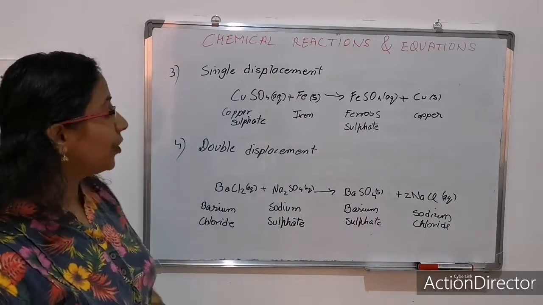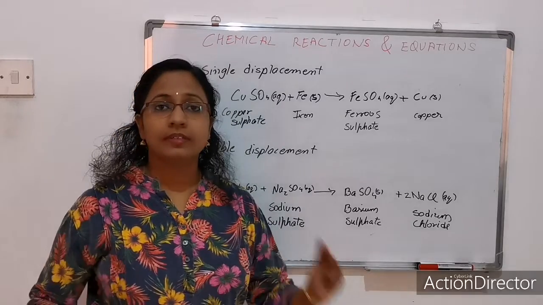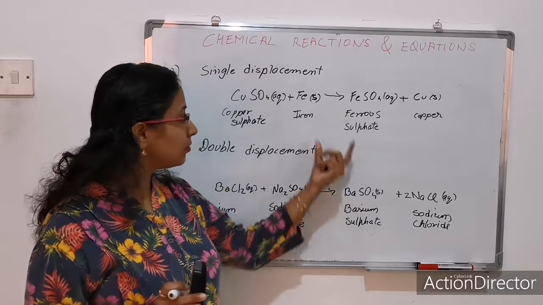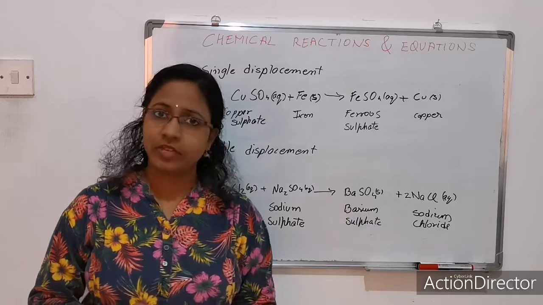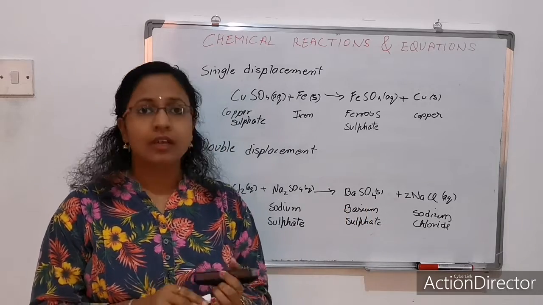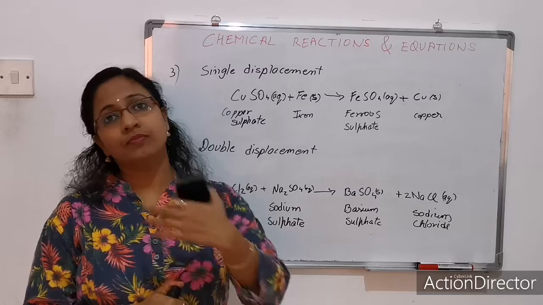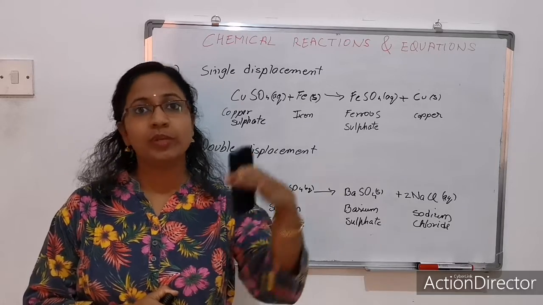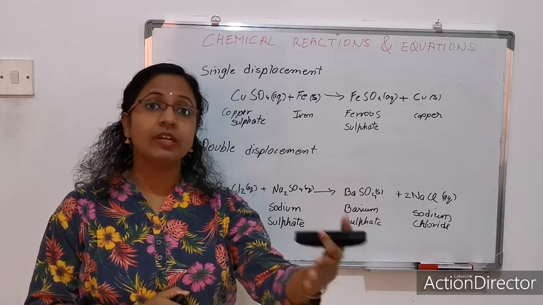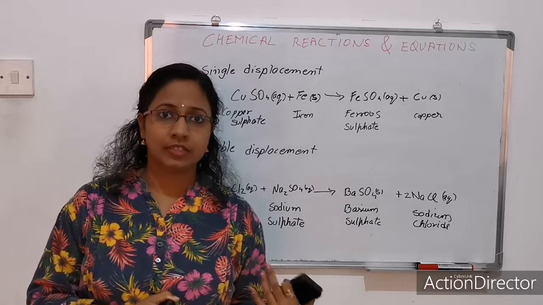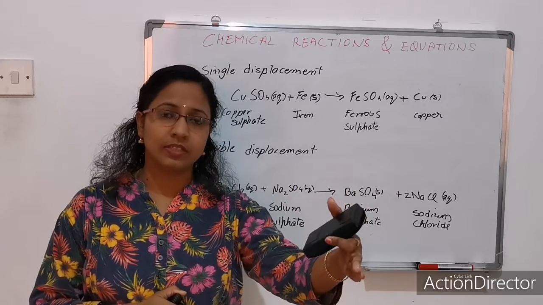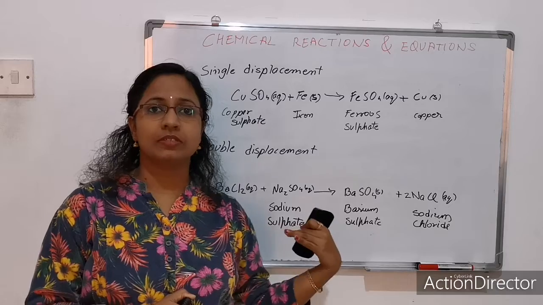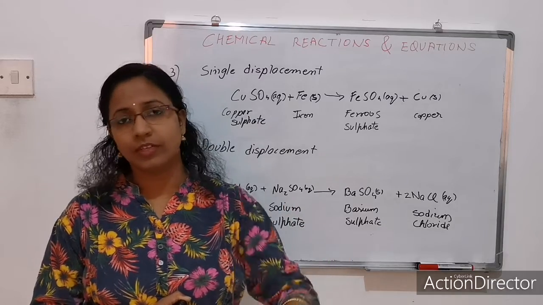So now, what is double displacement? Double displacement is one step further of single displacement. I was sitting with my friend, the person in front of me was also sitting with her friend, but the friends exchange. The person who was sitting with her came back and the person who was sitting with me went to the front.